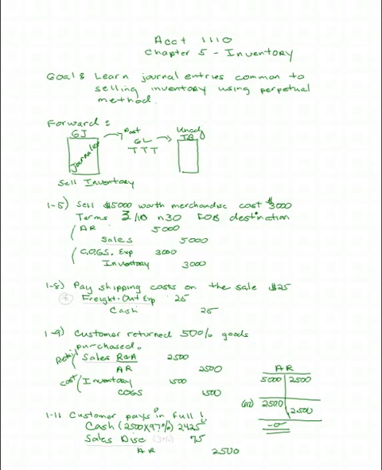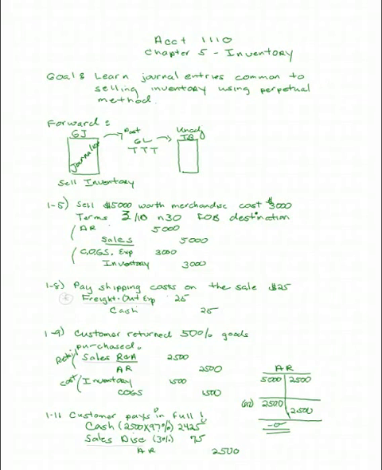Sales discount then would be the difference, or $75, the 3%. Notice we did not bury that in sales either. So when you are recording sales of merchandise inventory, you record the sale into an account so named.